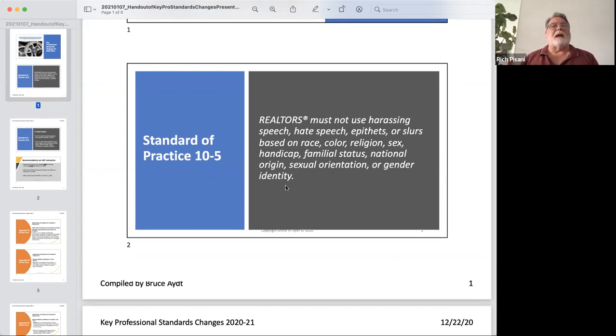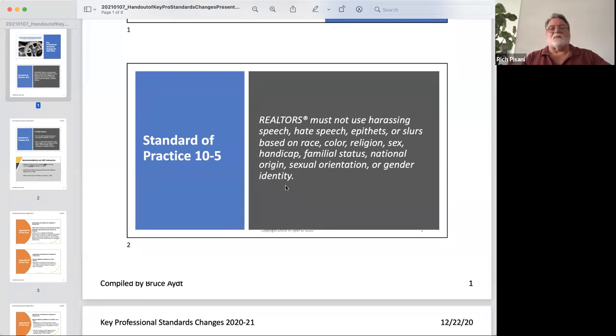You are now a member of a trade organization, and the leaders in those organizations can put limitations on what you can do as a member of that association. If you violate those guidelines, then you're up for discipline. So that's how they can control this.